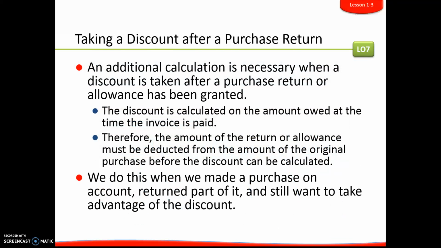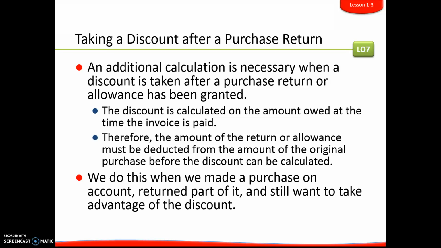So in addition to possibly needing to calculate a discount if necessary, the discount is calculated on the amount owed at the time the invoice is paid. Here's the other thing to keep in mind: sometimes you can also return parts of your merchandise. Let's say that we bought $1,000 worth of merchandise from Shields, and we ended up returning $800 worth of it.